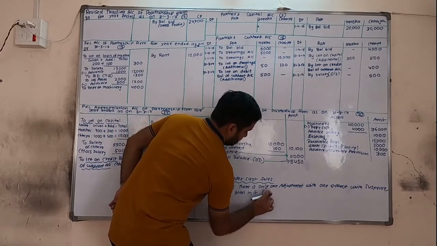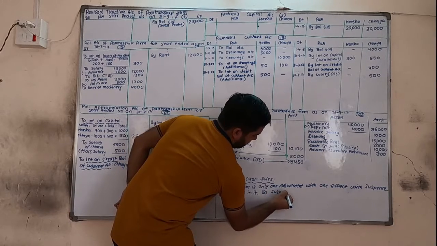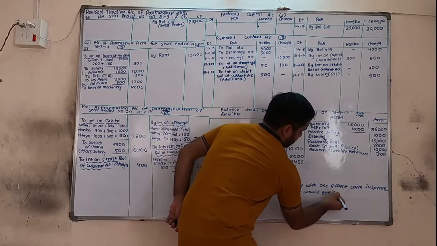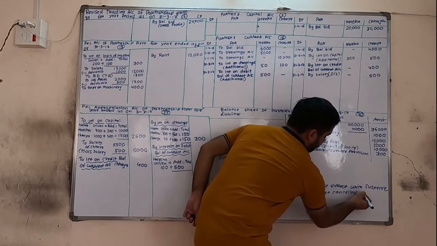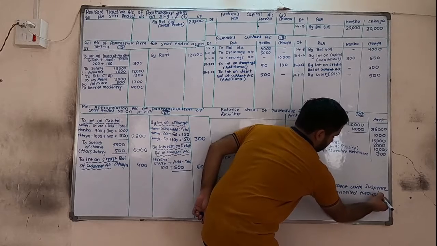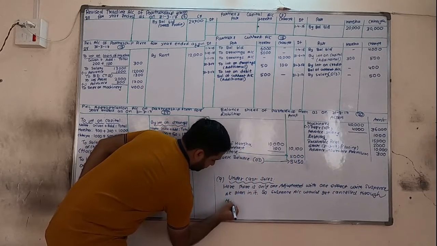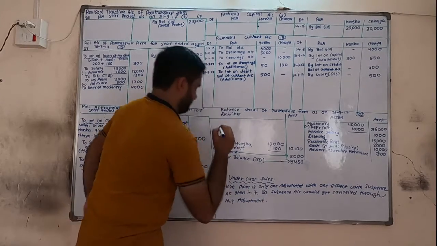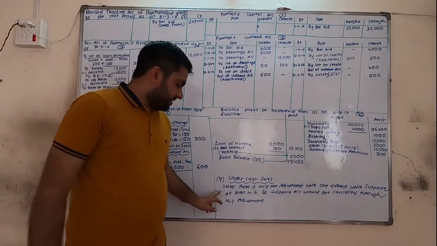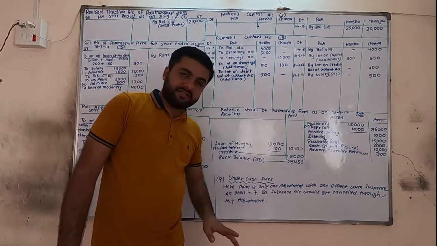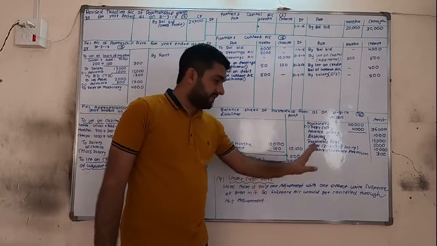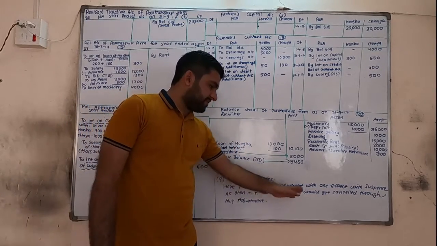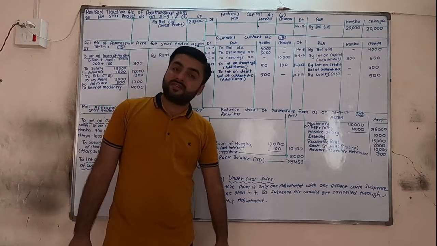So suspense account would get cancelled through this adjustment. What you need to write here? There is only one adjustment, that is the fourth adjustment, with one effect, with suspense account given in it. So suspense account would get cancelled through this adjustment.